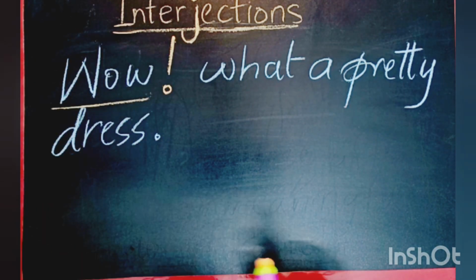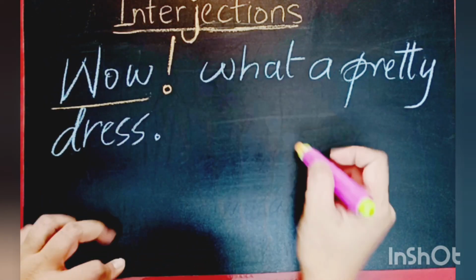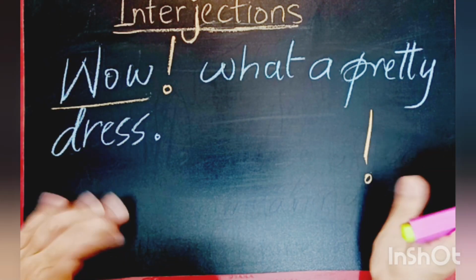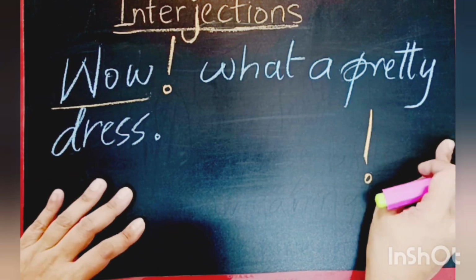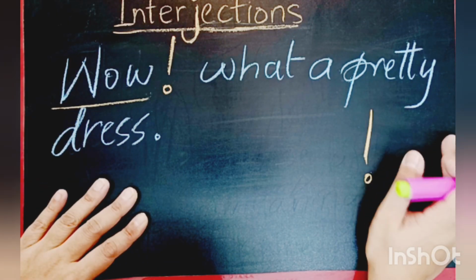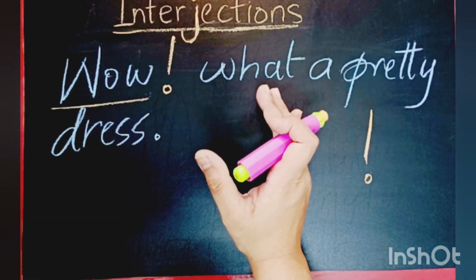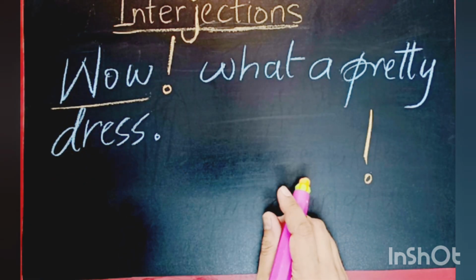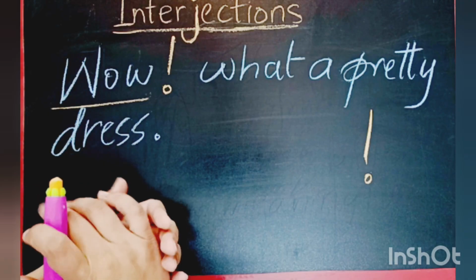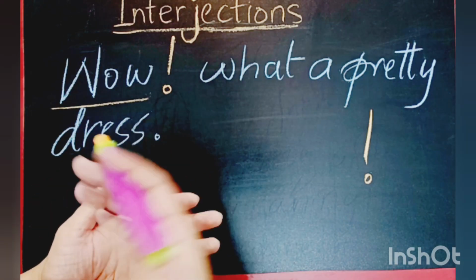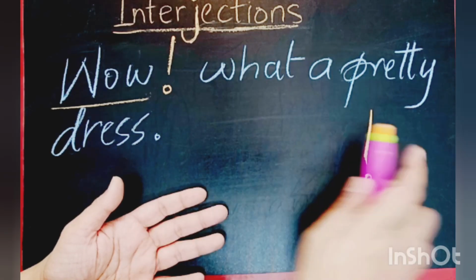We put exclamation marks, which are one line and a dot under it, to get a pause. We use the exclamation mark after the interjection, after the utterance of a very short word of interjection.